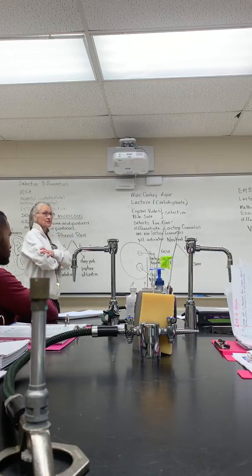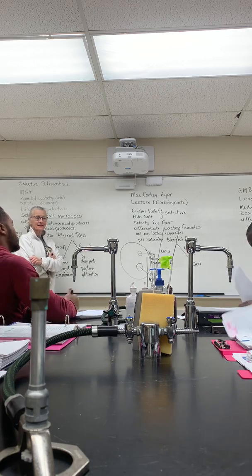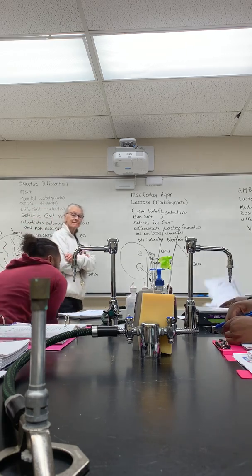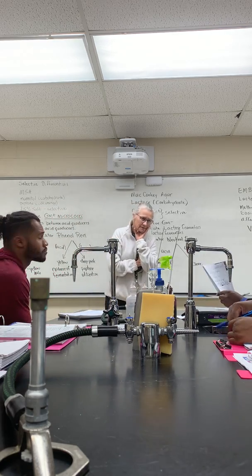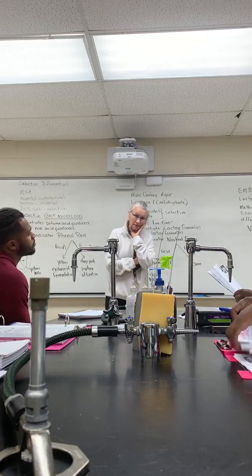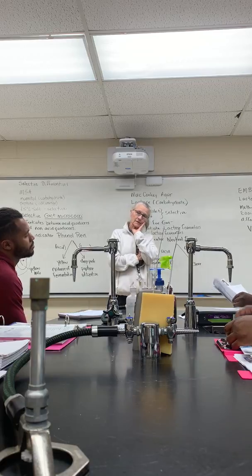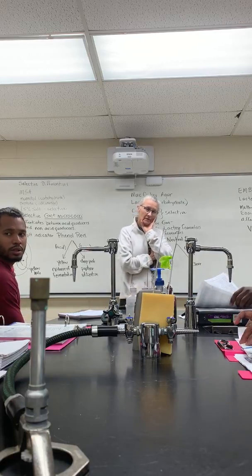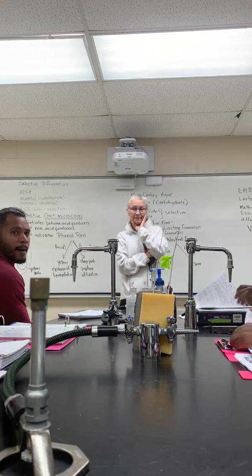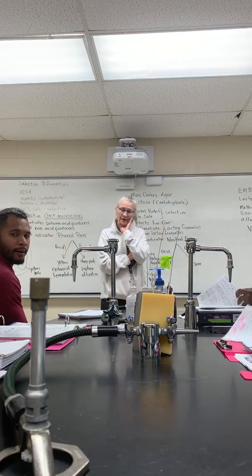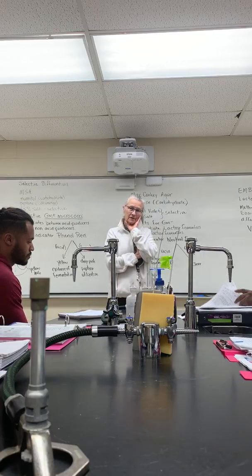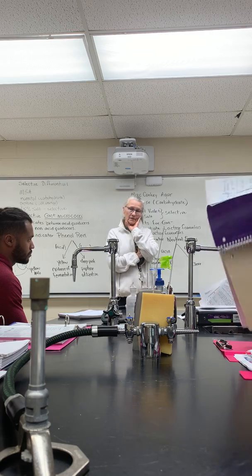So, any questions? So you said the slow fermenters use the lactose slowly and produce moderate amounts of acid. And on the non-fermenters, you said they're just natural in color.